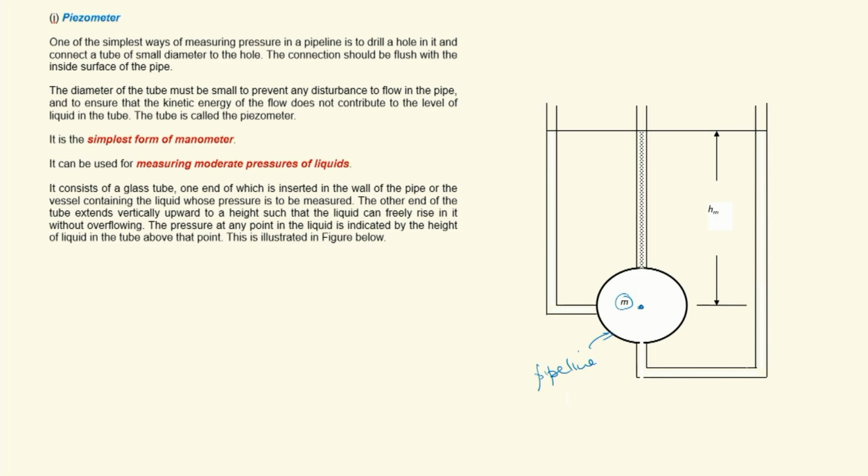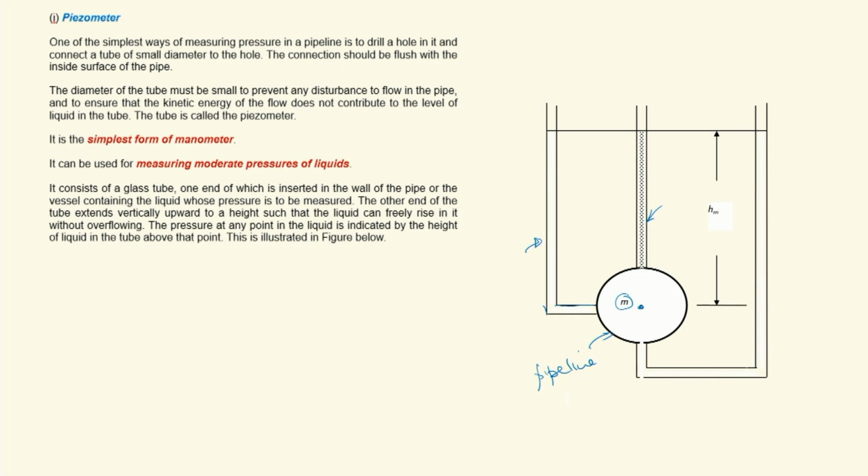I can connect the tube by making a hole in these three fashions. I can make the hole at the top and erect a piezometer like this, or I can make an opening in the side of the pipe and bend the tube. This is another form in which the tube can be connected to the pipe. This is another form wherein the hole is made at the bottom and then you have two bends.